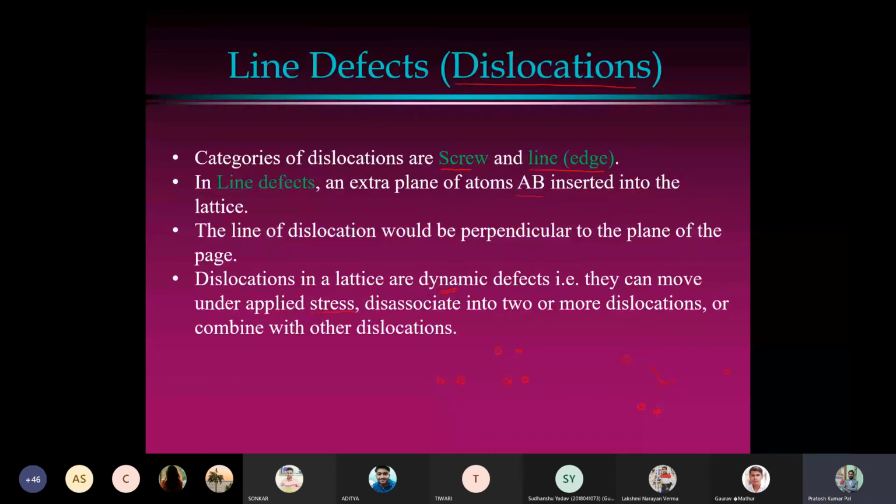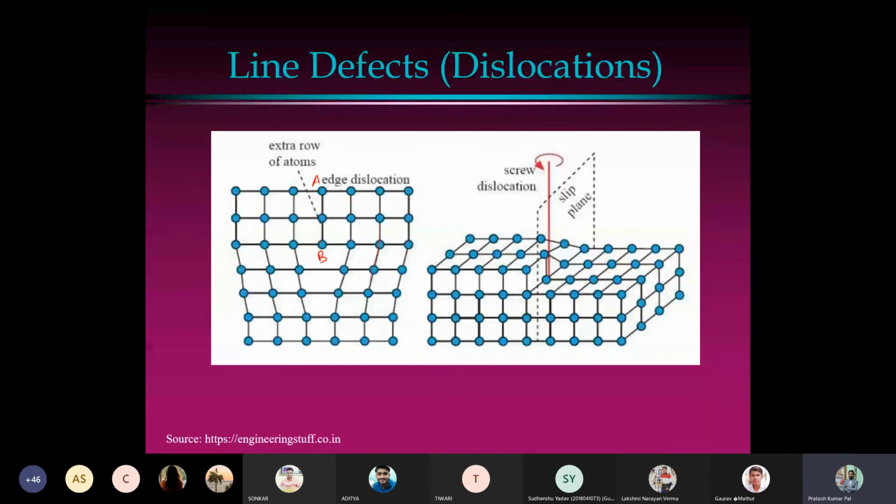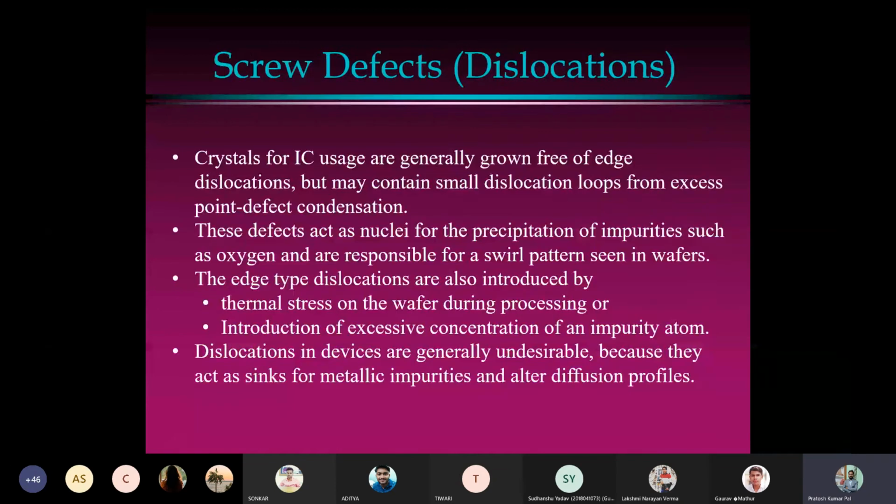Next one is screw defects. Here, the crystals for IC uses are generally grown free of edge dislocations. Generally, we prefer that there should not be any edge dislocations, but they may contain small dislocation loops from excess point defect condensation. Because of the presence of point defects, there may be some edge dislocations available.